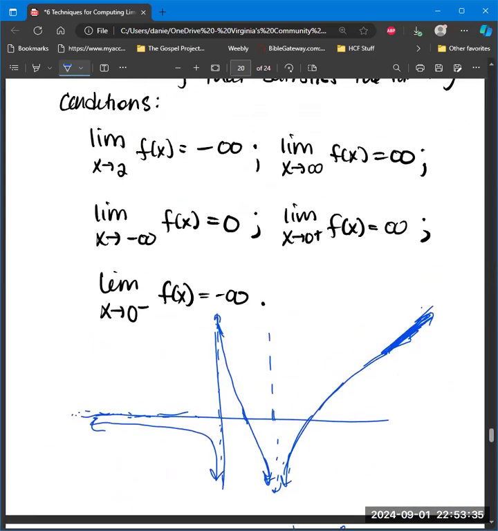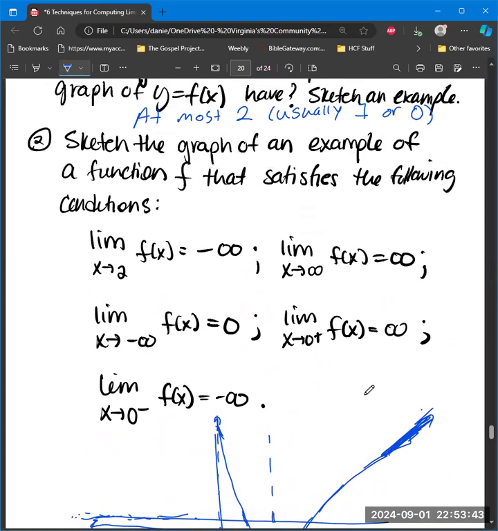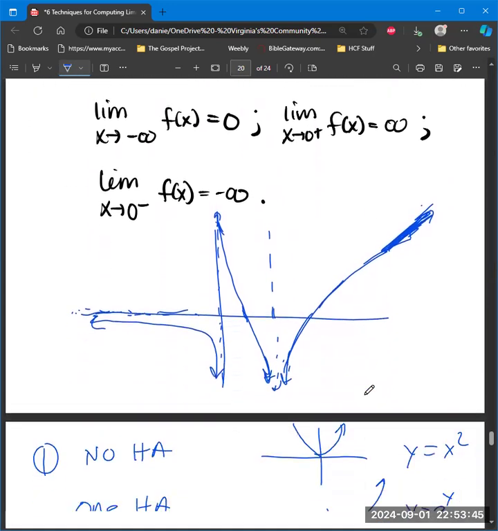So the first thing we want to do is put any points on the graph that we have, and then determine vertical asymptotes, and then determine end behavior is the next thing.